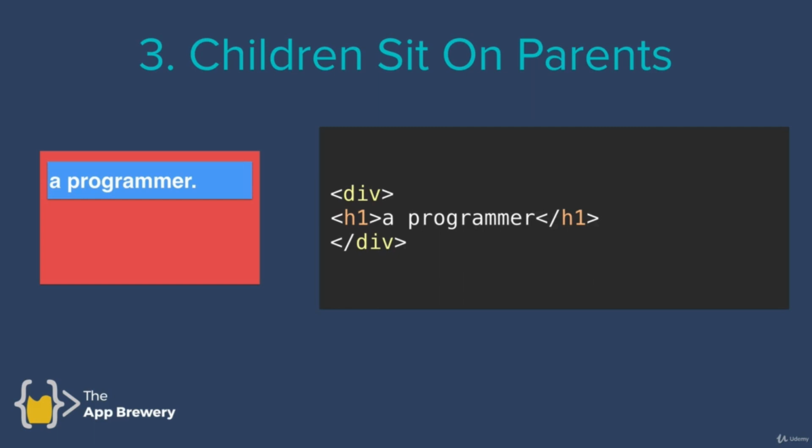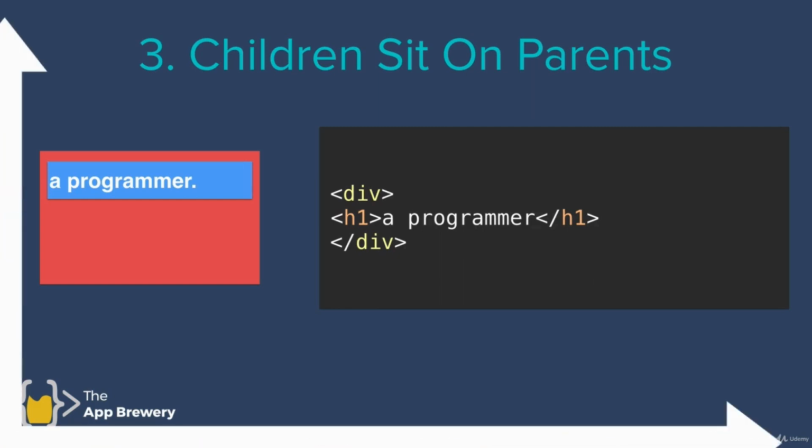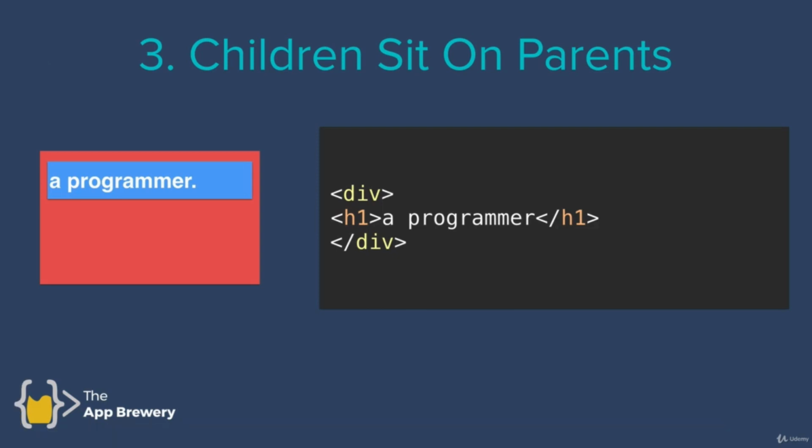We know that on screen we have an X and a Y axis, but there's also a Z axis, and that determines which element will be displayed on the other one. Because if in this case the div was in front of the H1, then we wouldn't see the H1 at all. So by default, all HTML elements that are children will sit on top of the parent element.